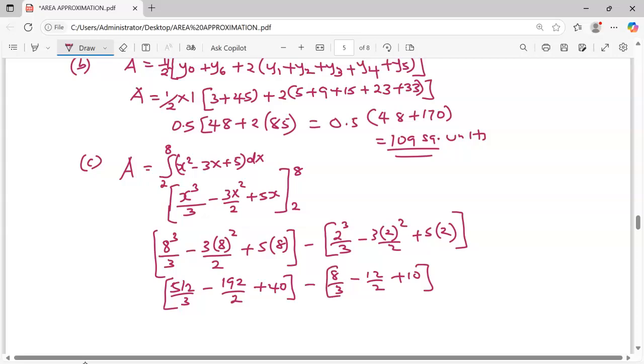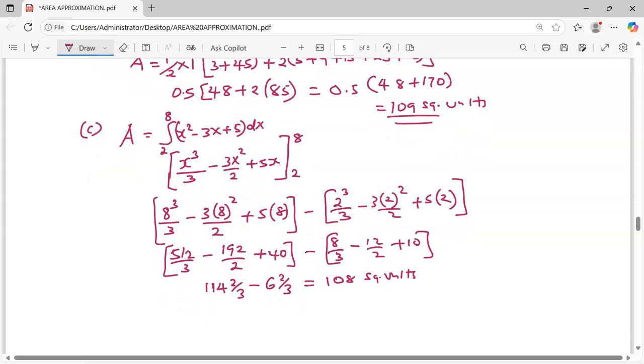This one is going to give us 114 and 2/3 minus 6 and 2/3, and this one is going to give us 108 square units as the exact area of that particular region using integration.